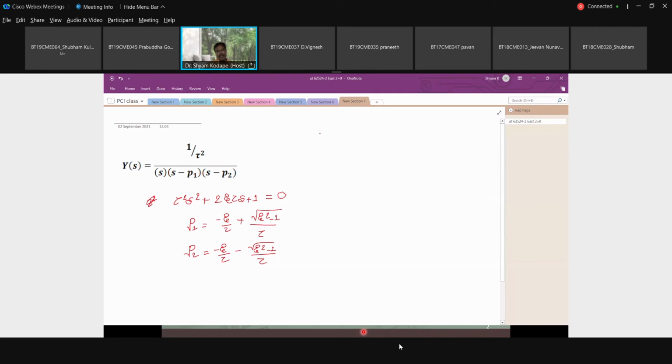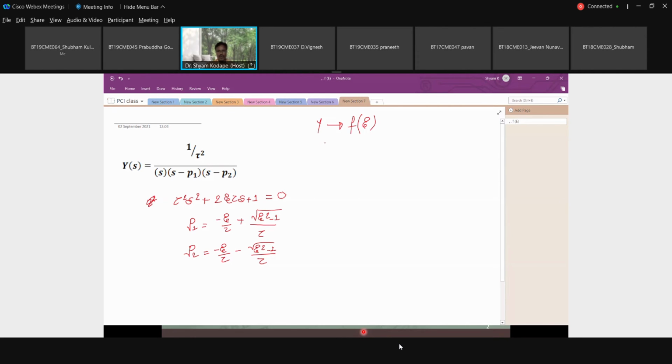So ultimately y will be a function of psi, and psi will decide how that y will behave. Any doubt? Mathematically we are just correlating the things, and then we will implement it in the actual examples.